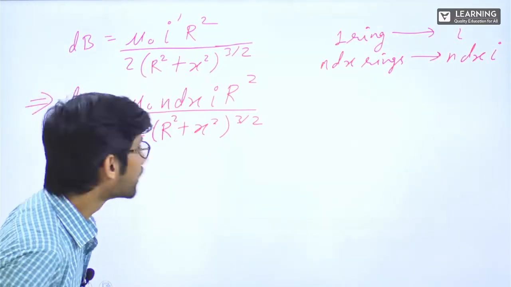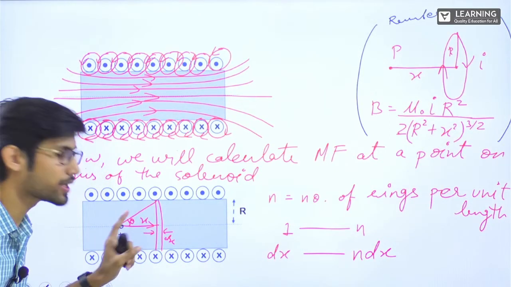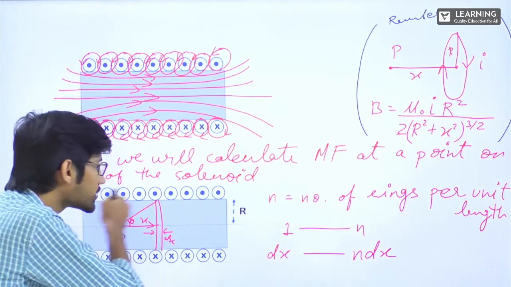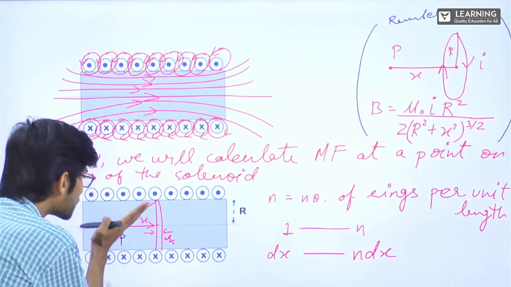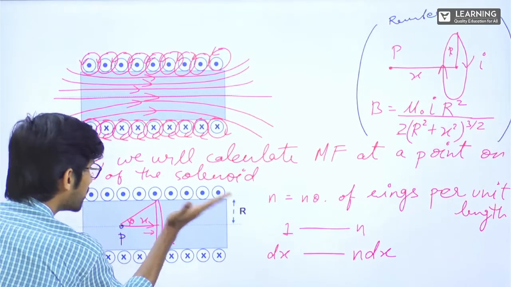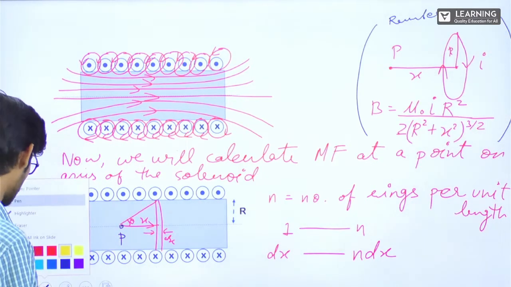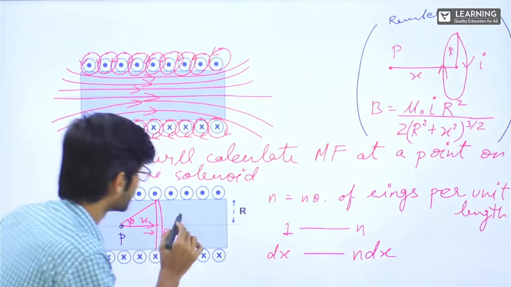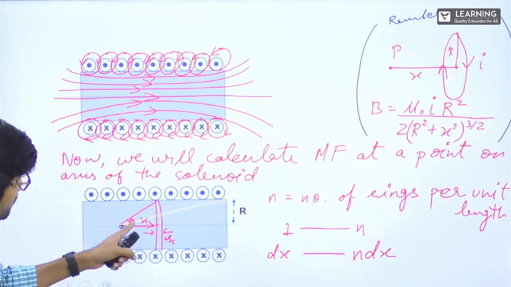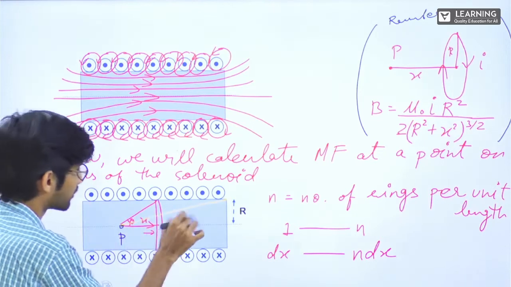Now this is the small magnetic field I got at this point due to this element. I have to get it for this entire thing. So I'll integrate for this entire thing. Either I can integrate for x or theta, but theta is easier. From here to here I have to take the entire theta, correct?